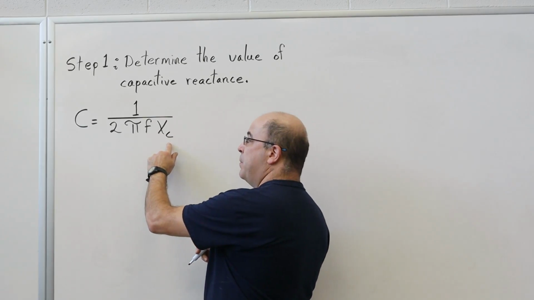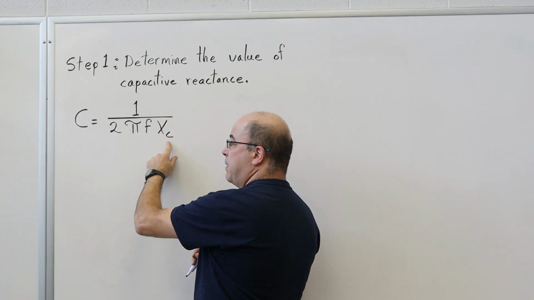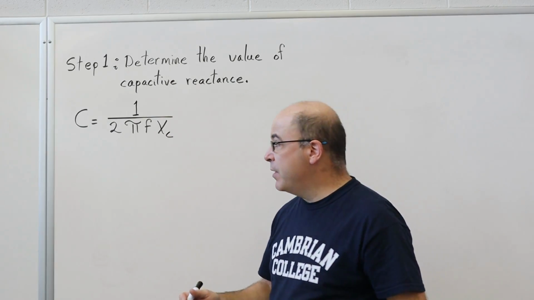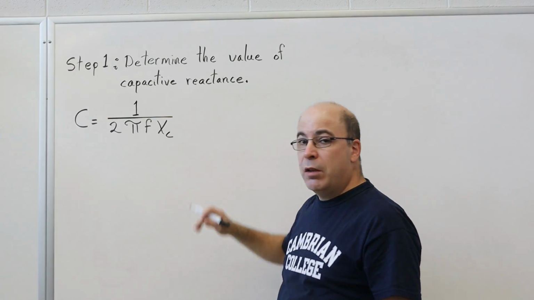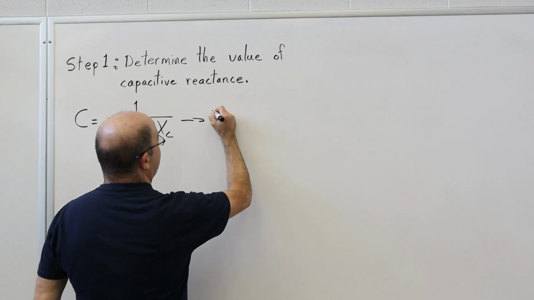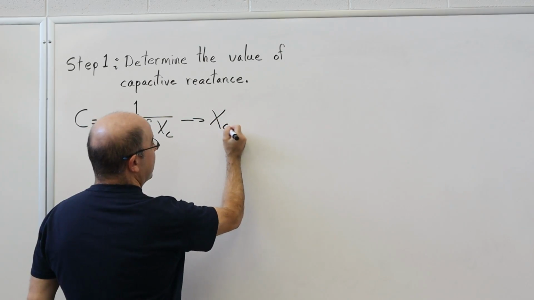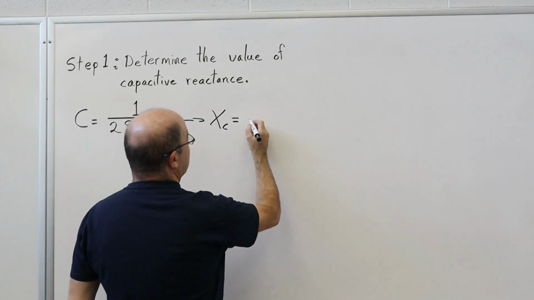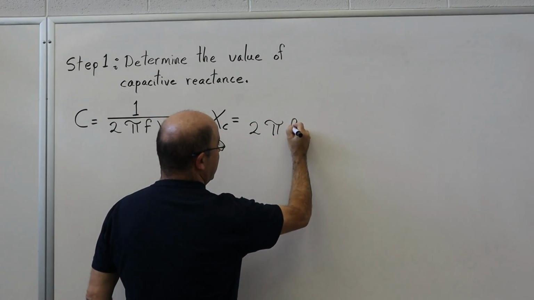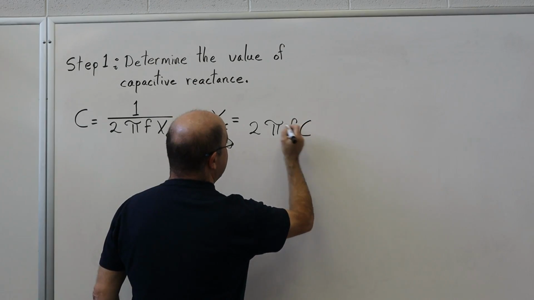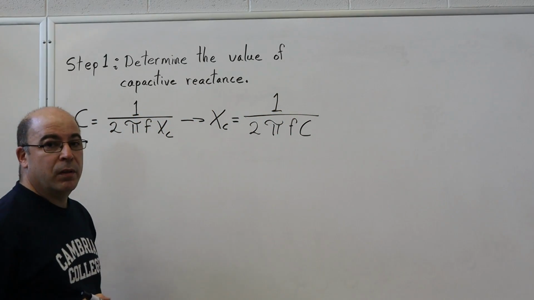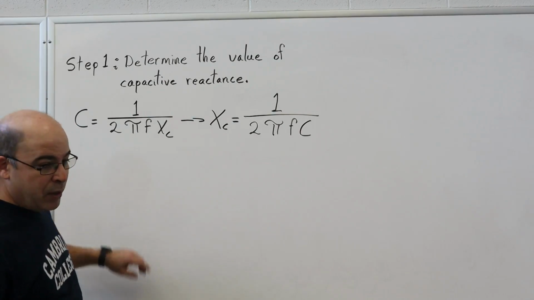We're just going to substitute the XC for C and switch them up. So that formula is going to be rewritten in the following format. X sub C will be equal to 1 over 2 times pi times frequency times C.